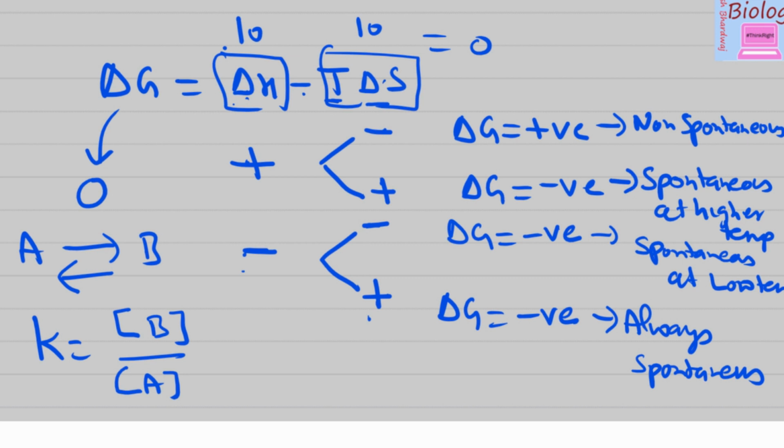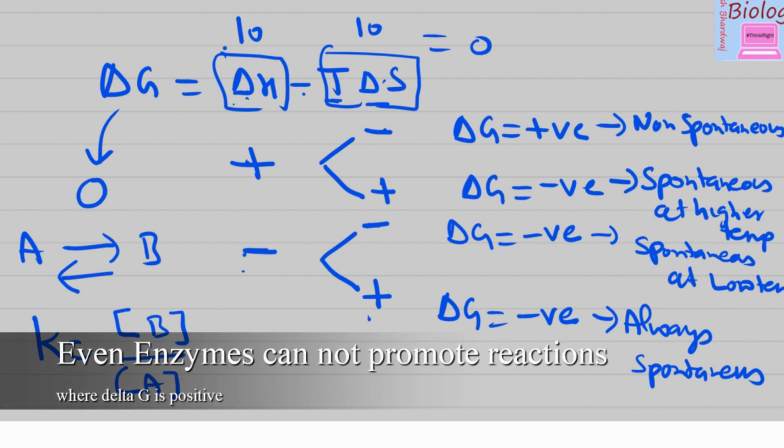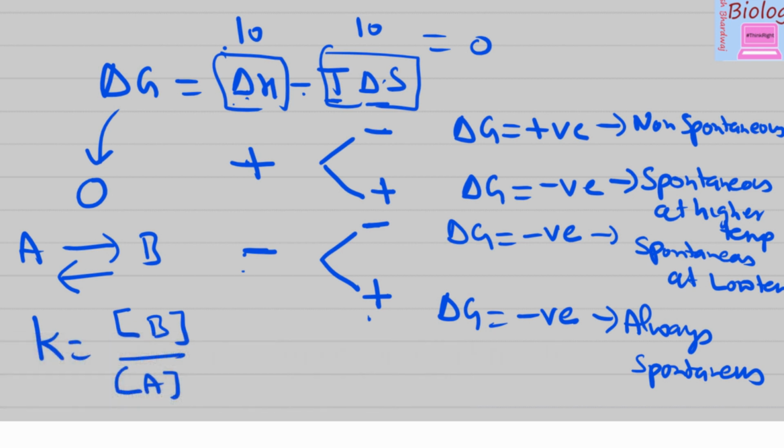I have told you that if the value of delta G is positive, the reaction is non-spontaneous. Now, if a reaction is non-spontaneous, try to think, even enzymes cannot promote that reaction in the forward direction if the value of delta G is positive.